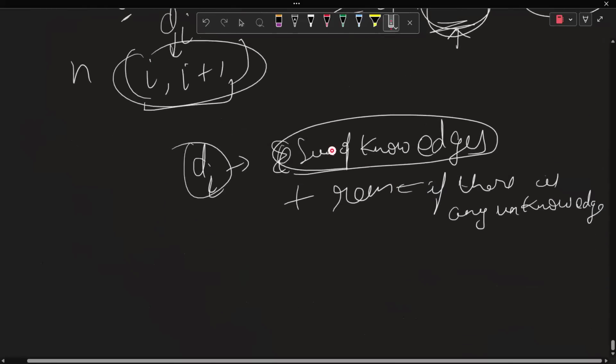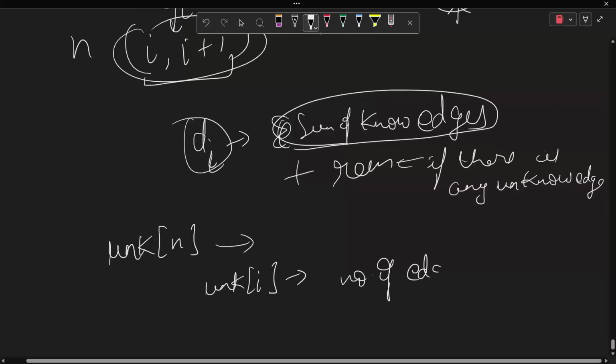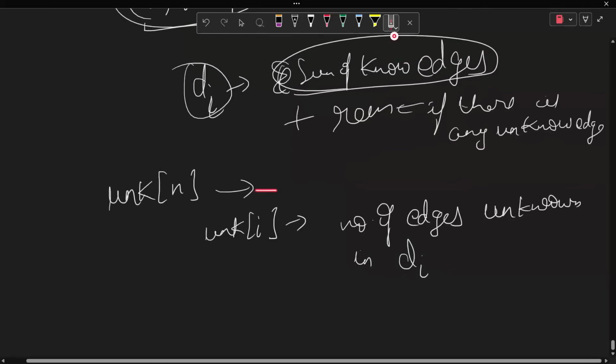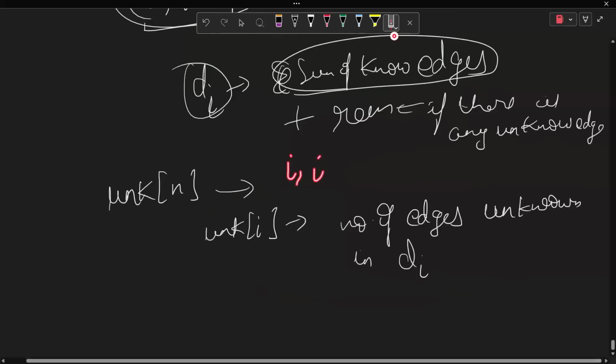So what I did, I created two vectors. One was unknown, so this is one array. Unknown i represents the number of edges which are unknown in Di, where Di is my distance from i to i plus 1.